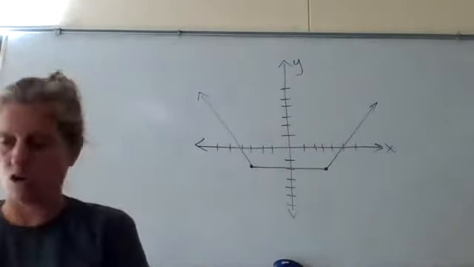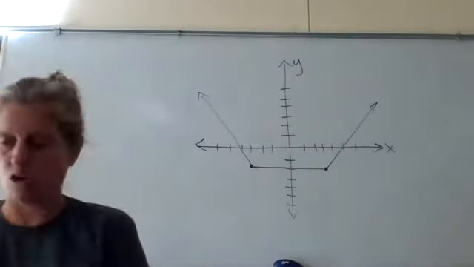Now I'm going to go through each interval on this graph and label which part is increasing, which part is decreasing, and which part is constant. Okay, so this part right here, it's going down. So it's decreasing from forever this way, because that's what that arrow means. It's going down until it gets to this point.